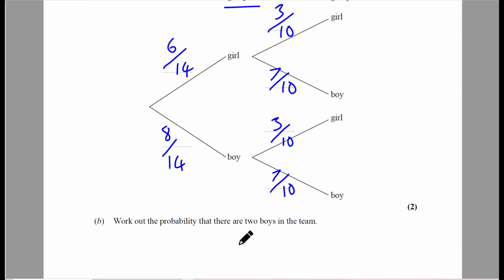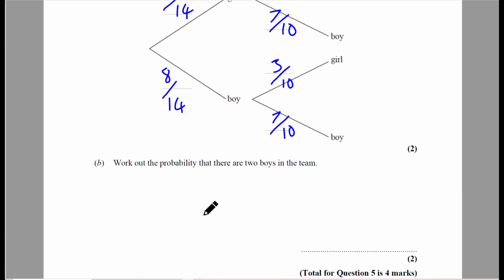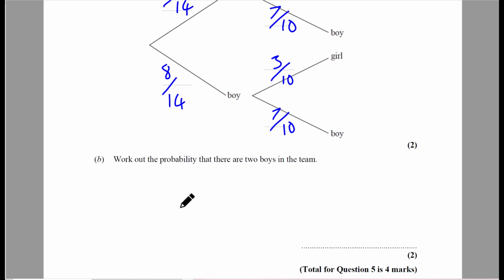Work out the probability that there are 2 boys in a team. So when you're doing a tree, it's independent events, so we multiply 8 over 14 times 7 over 10. That's 56 over 140.